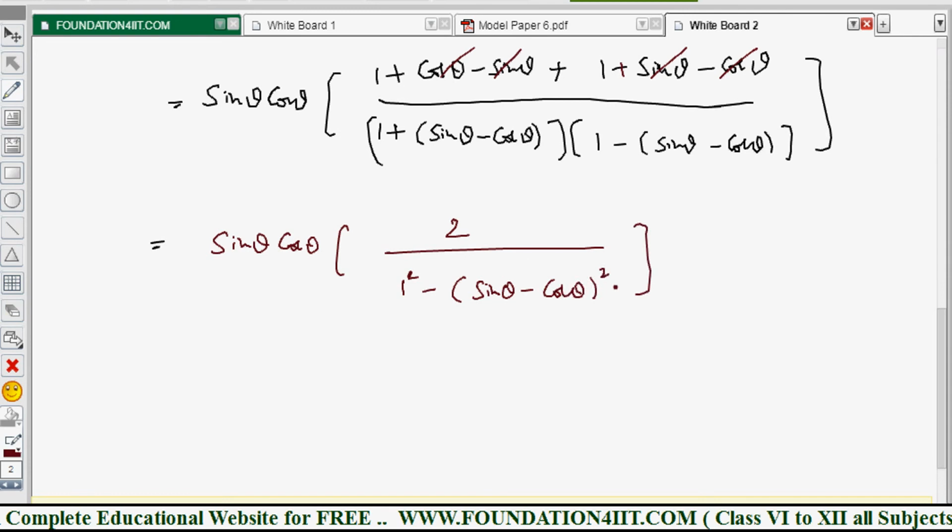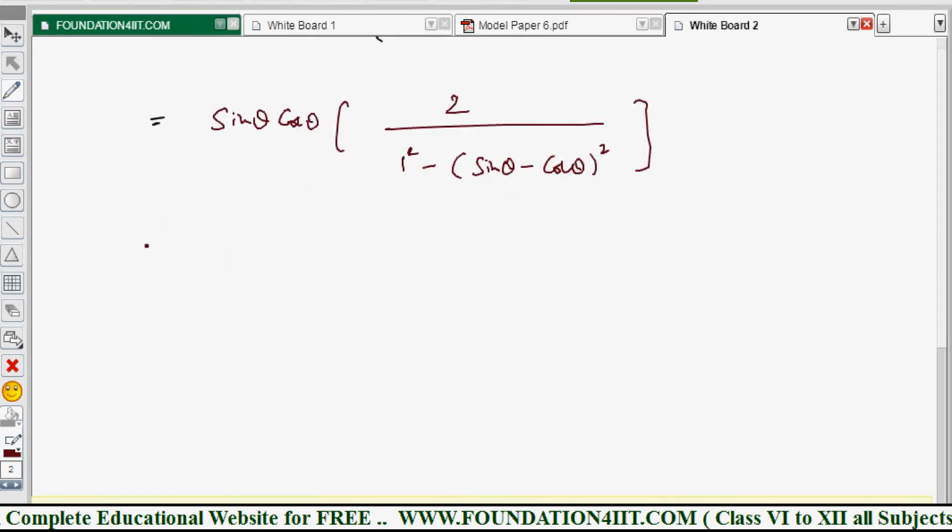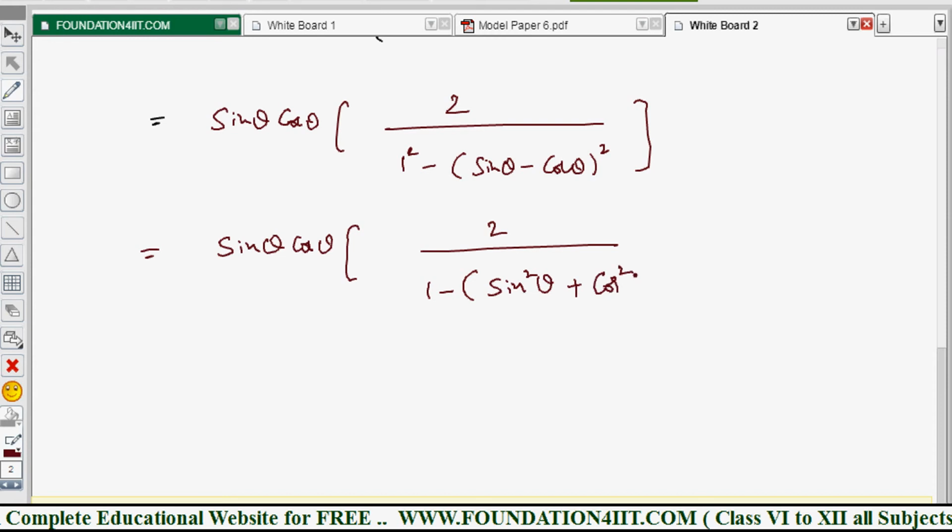Apply the a minus b whole square formula to the denominator. That is sin theta into cos theta, 2 by 1 minus, apply a minus b whole square formula, that is sin square theta plus cos square theta, right, minus 2 sin theta cos theta.